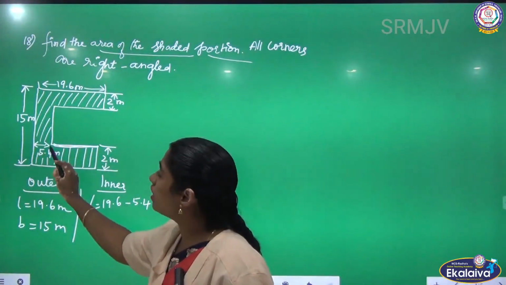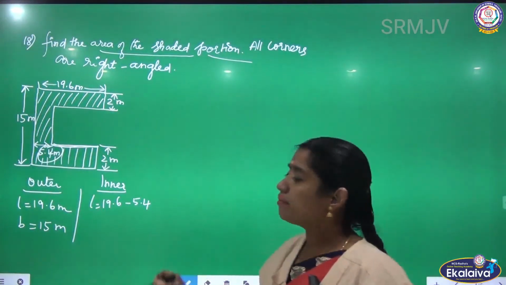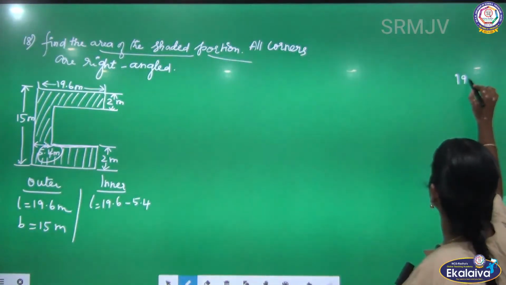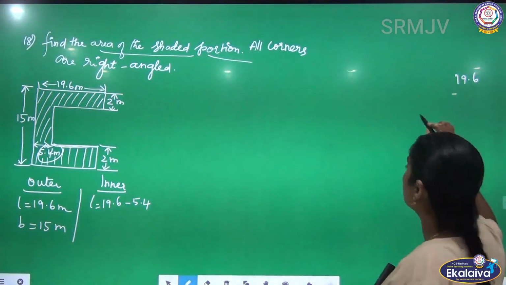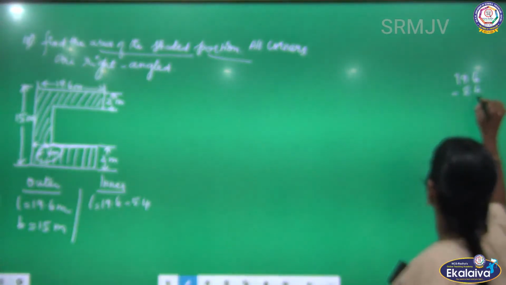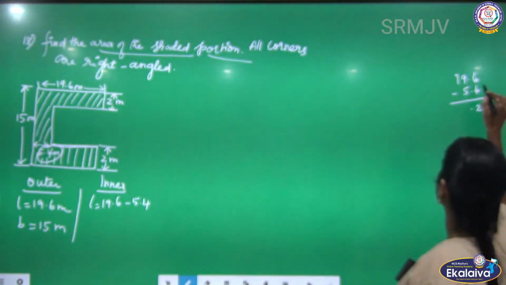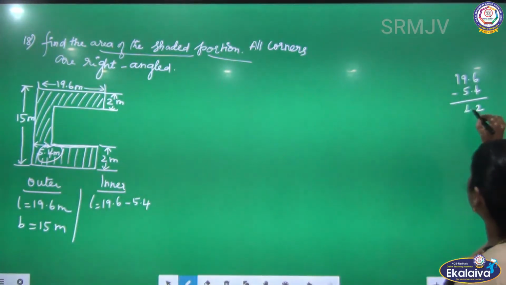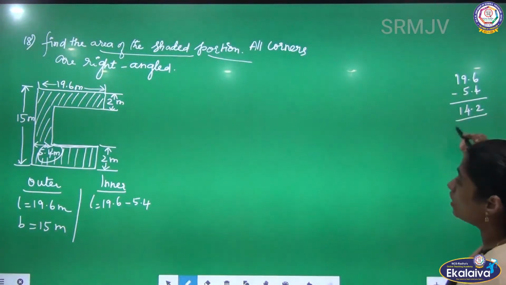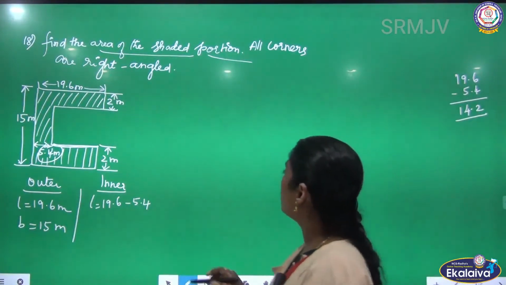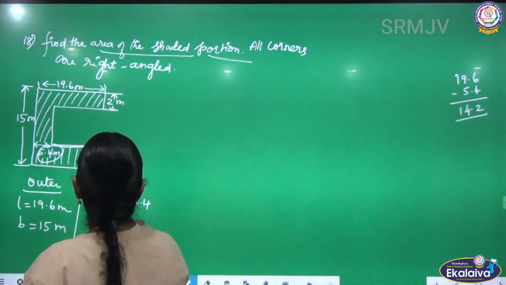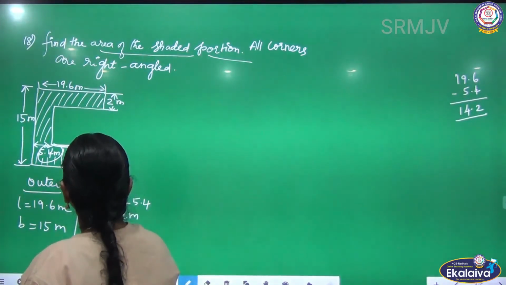Here they are given 5.4, so 19.6 minus 5.4. What is the answer? 6 minus 4 is 2, and 9 minus 5 is 4, and drag the 1 down. So it is 14.2 meter.